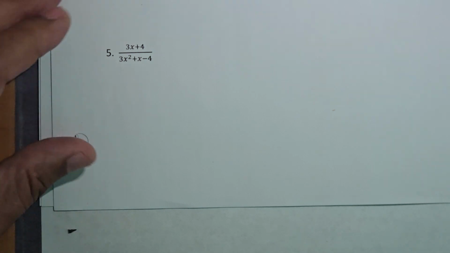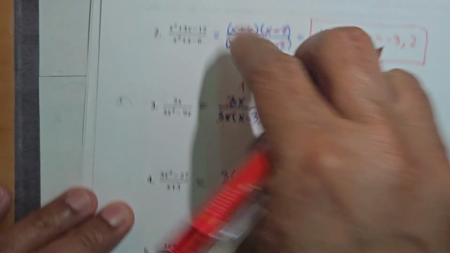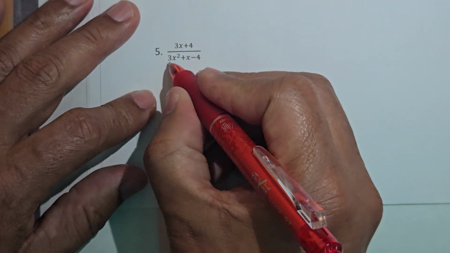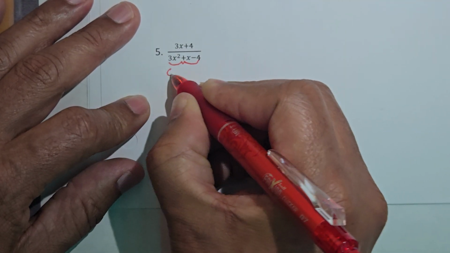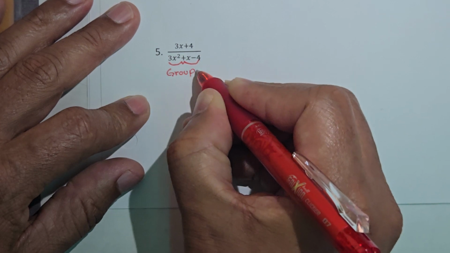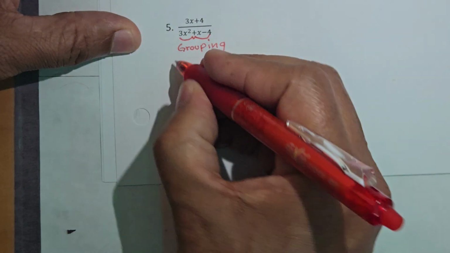Example number 5. For this one here, since a is not equal to 1, when I say a, I mean this a value, this is equal to 3. So this one we do by grouping. So don't forget how to factor by grouping, and then we'll see what we can cross out or cancel out.